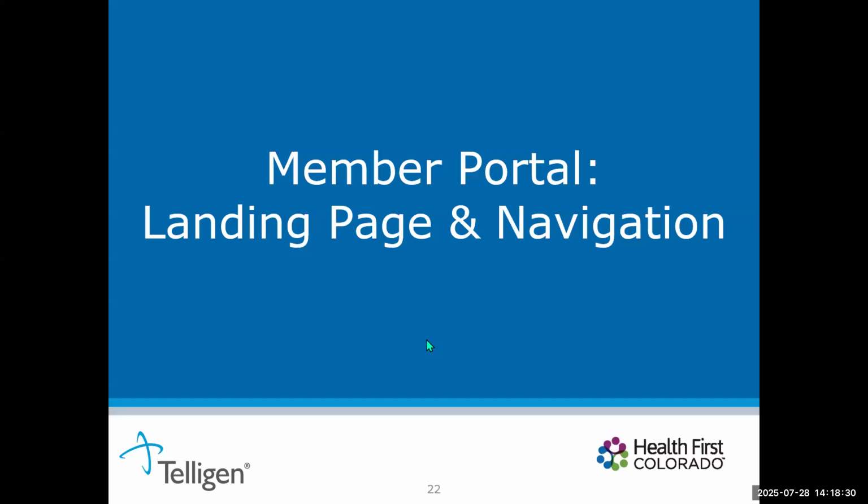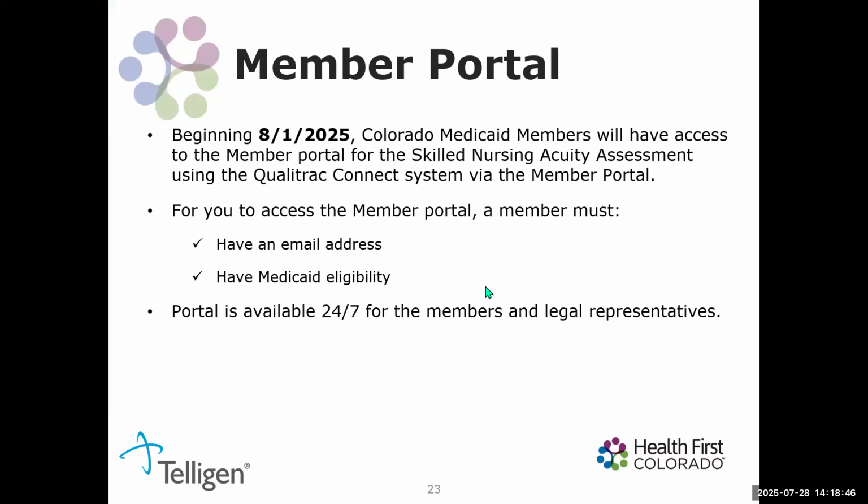Okay. So what comes after this? Let's jump in and look at what you get with the member portal. We've already given you an indication of the things you'll see. I'll detail them out here for you, and then we'll jump in and take a look at it. Beginning 8-1, the Colorado Medicaid members will have access to the member portal for the skilled nursing acuity assessment using the Qualitrack Connect system via the member portal.